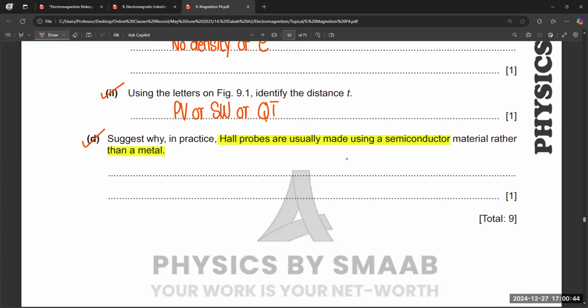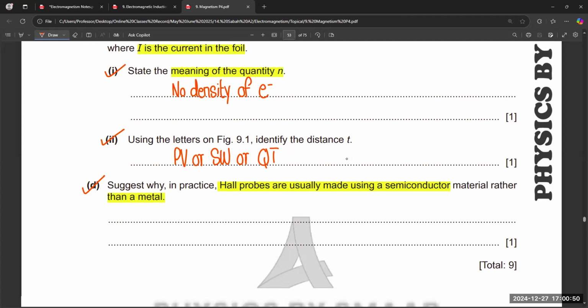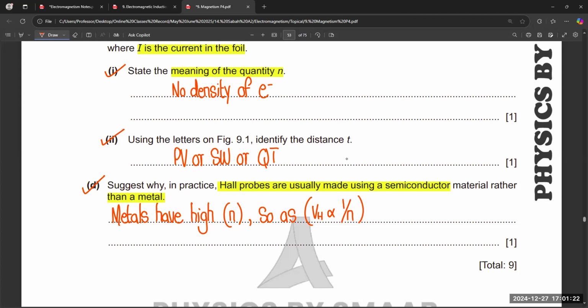Because metals have a high number density of electrons, and according to the formula, Hall voltage is inversely proportional to n. So if we use metal, the value of n increases and the Hall voltage decreases, so we get a small Hall voltage.